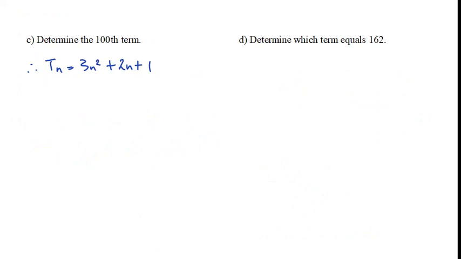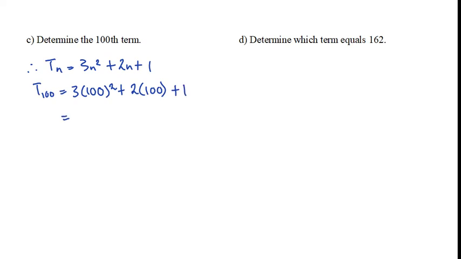Okay, so now to find the 100th term, this is our general term that we found. So we're just going to simply substitute 100 into n. So T of 100 is just going to be 3 by 100 squared plus 2 by 100 plus 1.